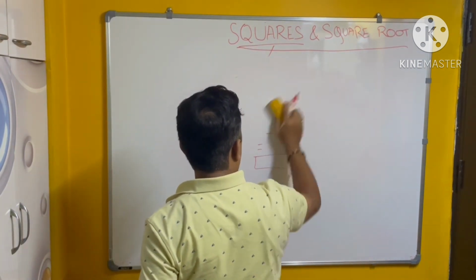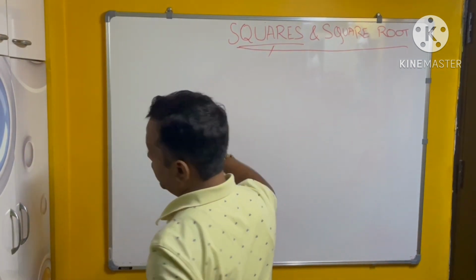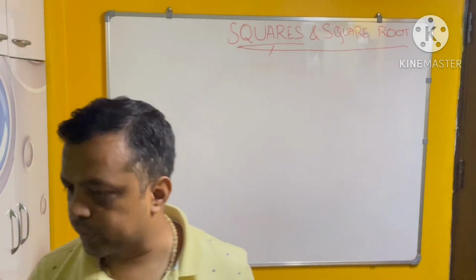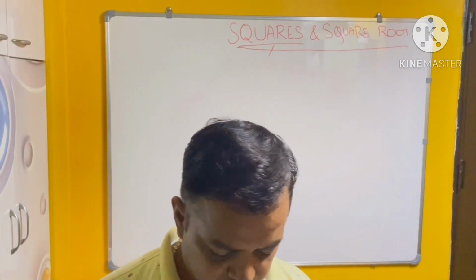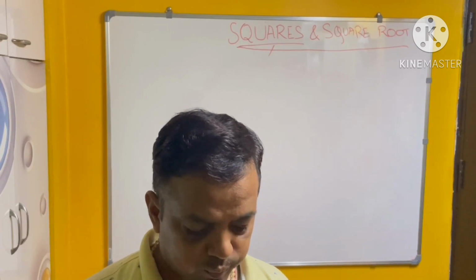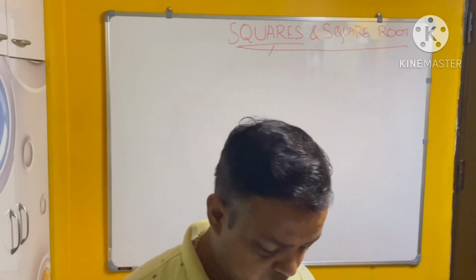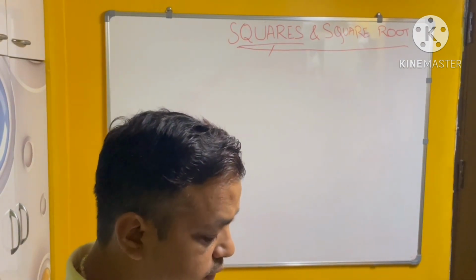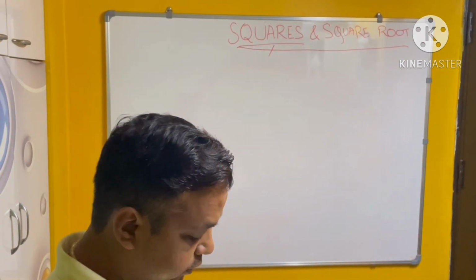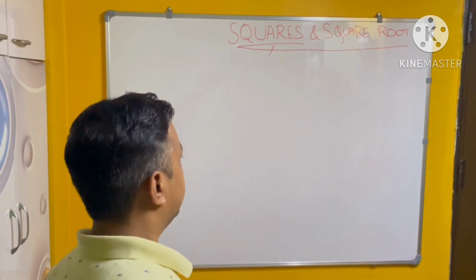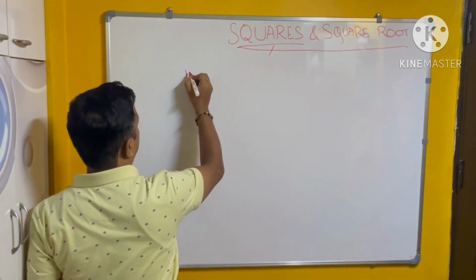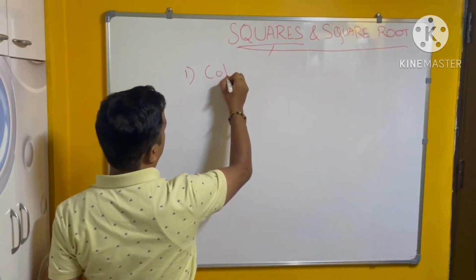But we have two methods to identify the square. The first method is the column method.